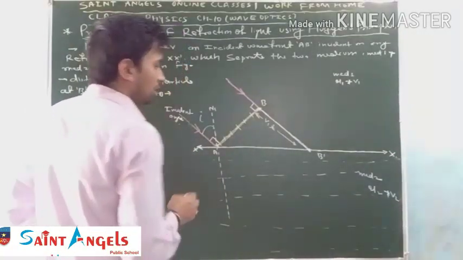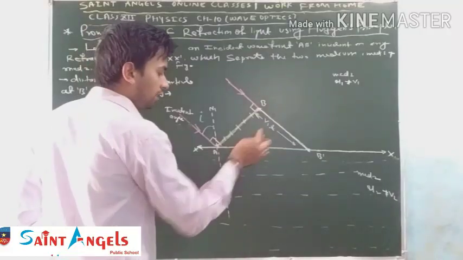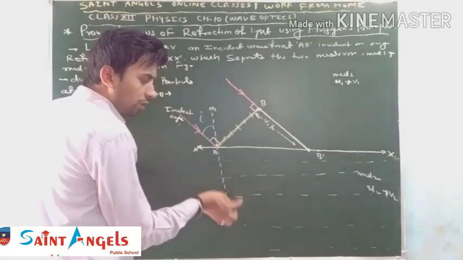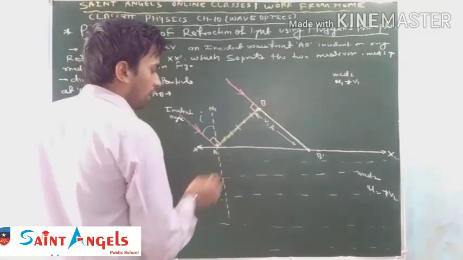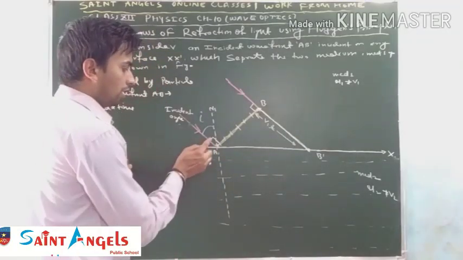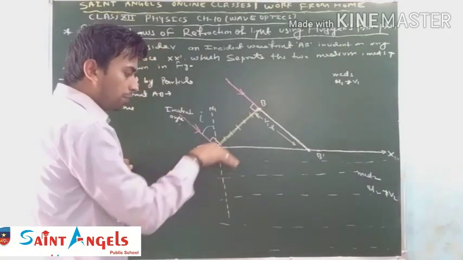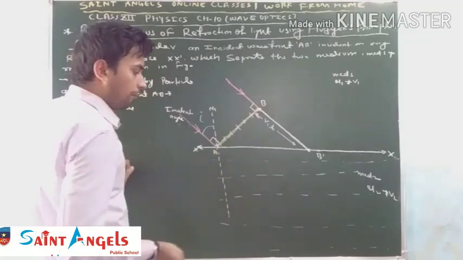Now student, in the same interval of time t, the particle at point A enters the second medium, and we know that when light travels from one medium to another, it either bends towards the normal or away from the normal.